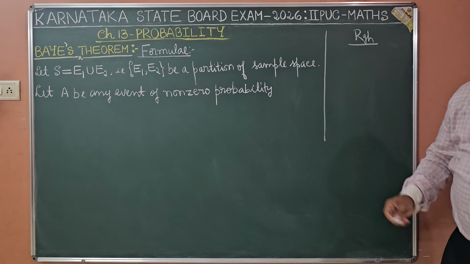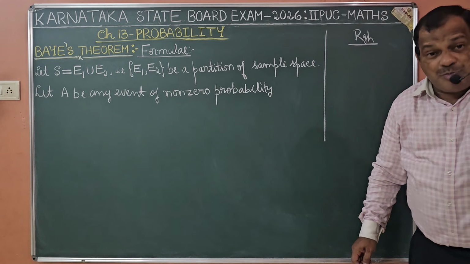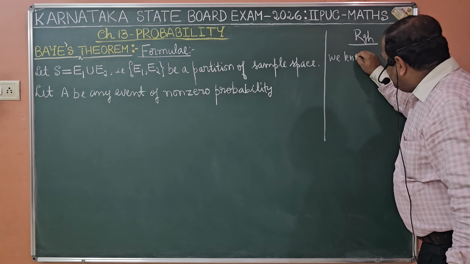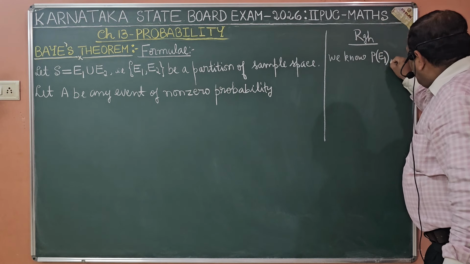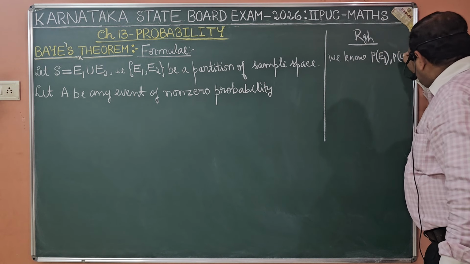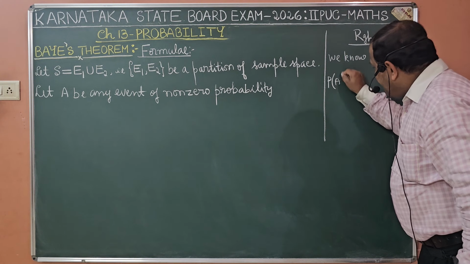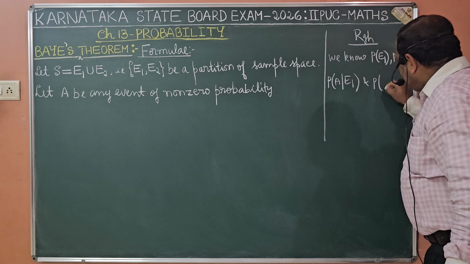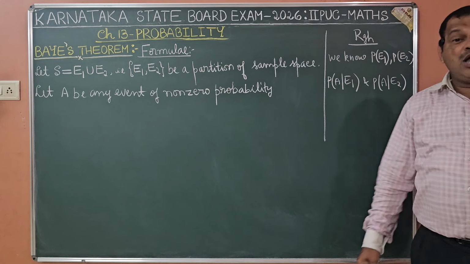If I write these two things, I know four probabilities. We know probability of E1, probability of E2. Also we know probability of A given E1 and probability of A given E2. These four probabilities we know.